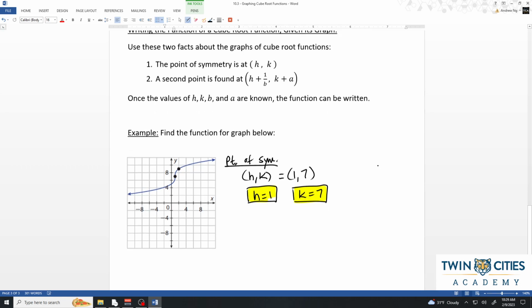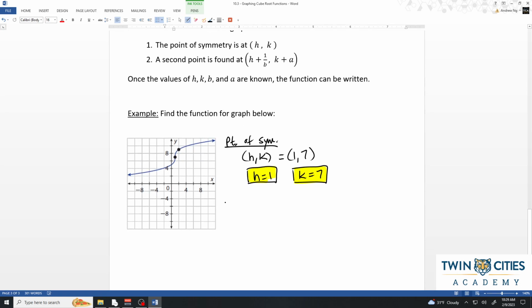All right, next, my second point. This is at h plus 1 over b, and then k plus a. This point is actually at (2, 9).